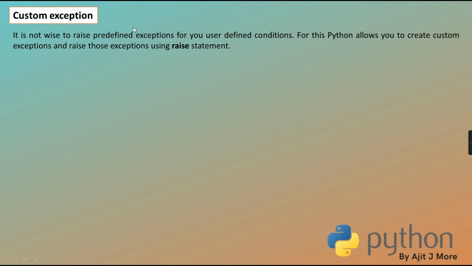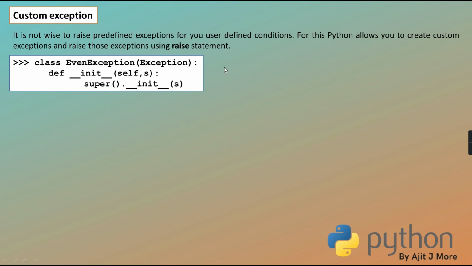Syntactically it is okay, it will raise also, but as I said, it is not wise. So Python allows you to create your own exception and then raise it for your user defined conditions. Here I've created one even error class derived from exception.